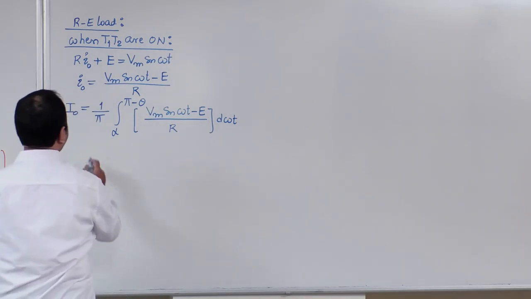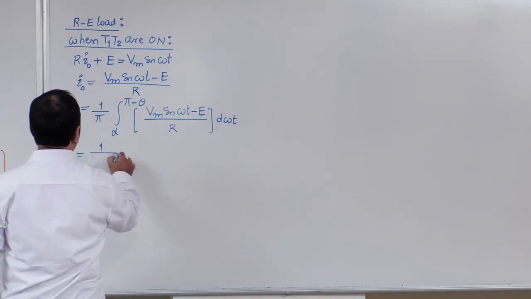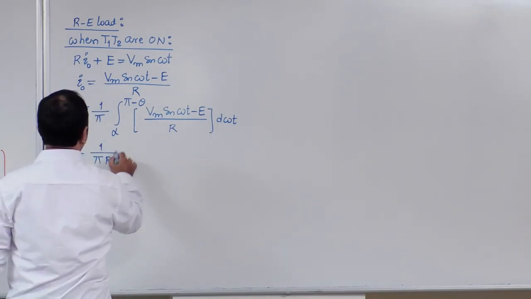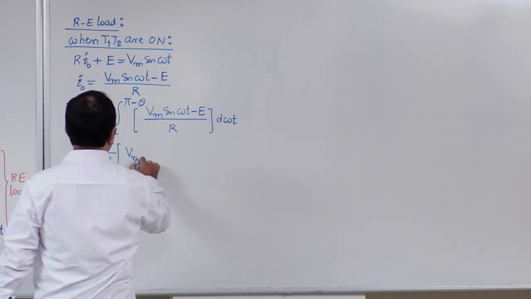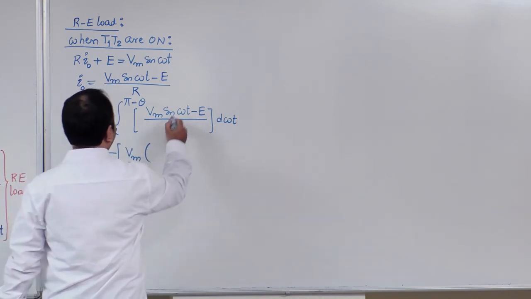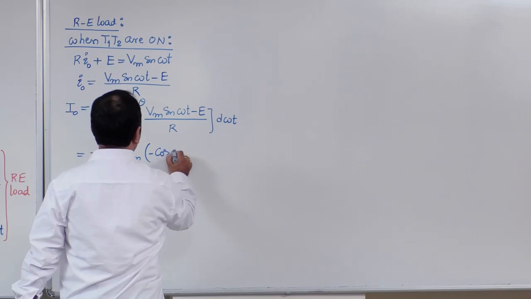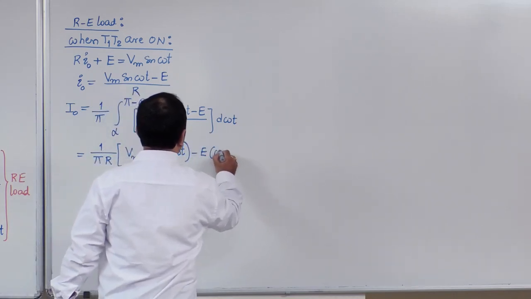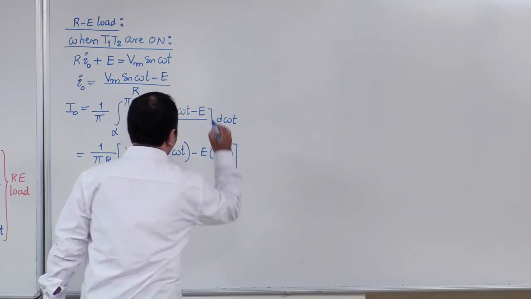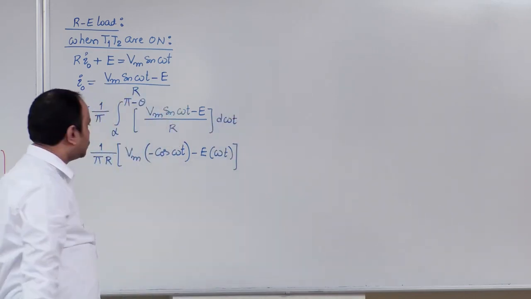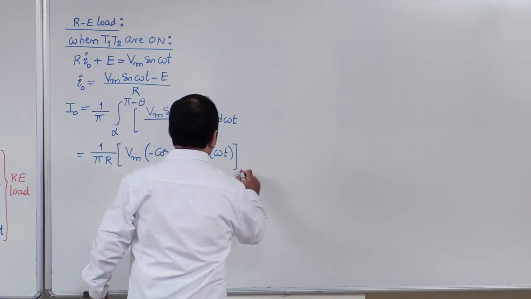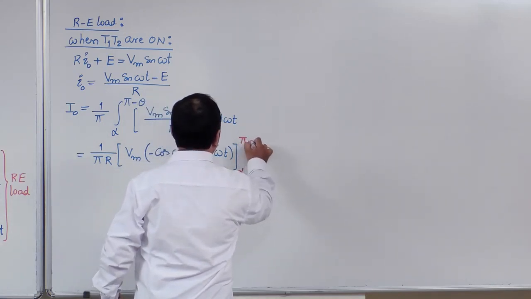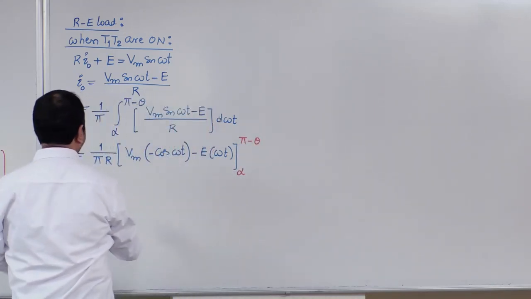So let us simplify this equation. 1 by pi R, Vm into integration of sin omega t, that is minus cos omega t, minus E into omega t. What are the limits? Alpha to pi minus theta.